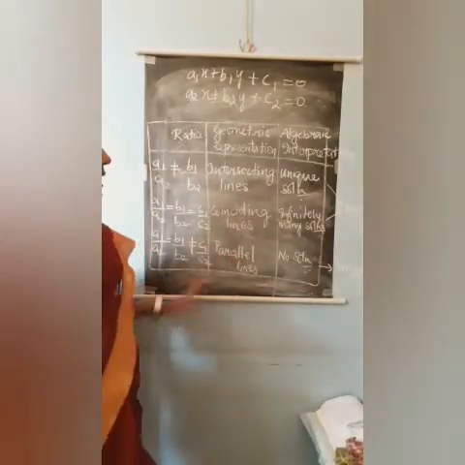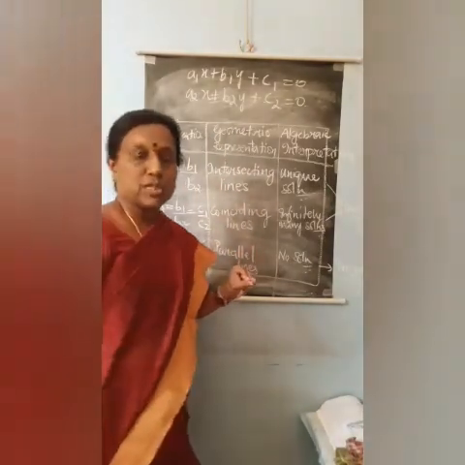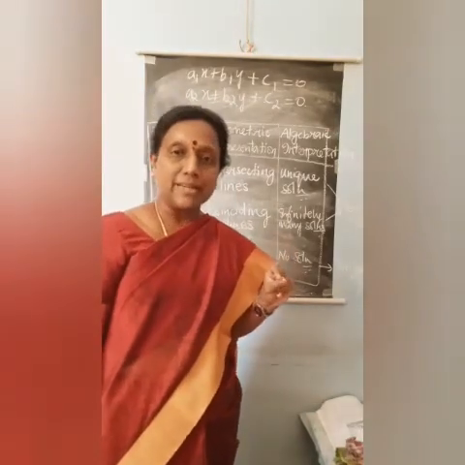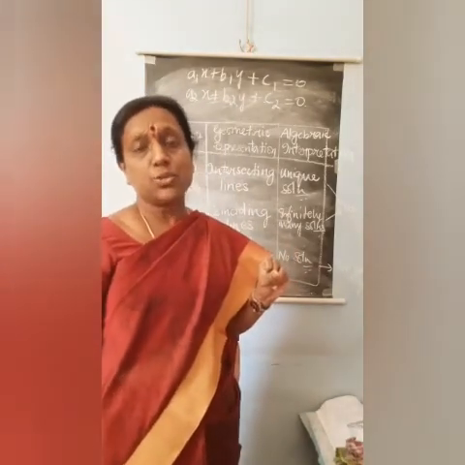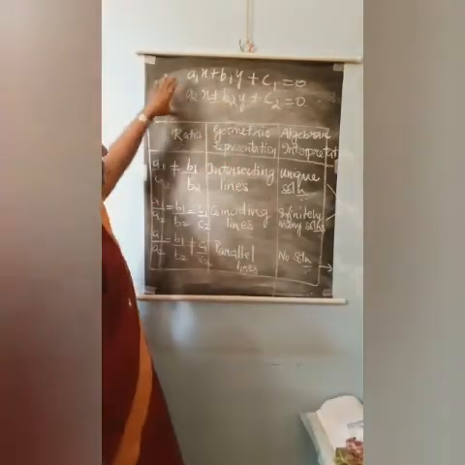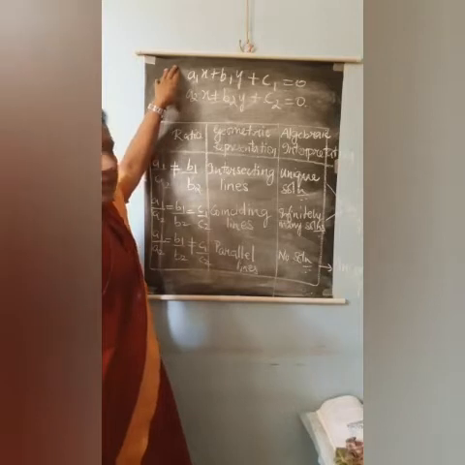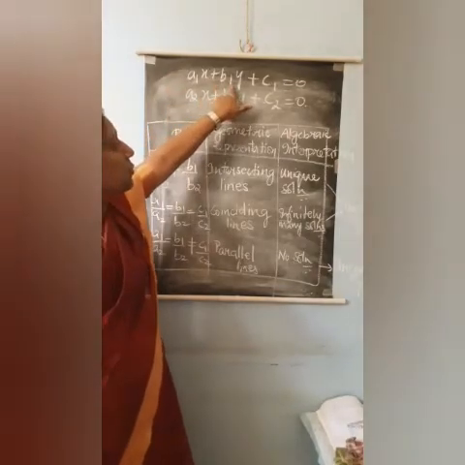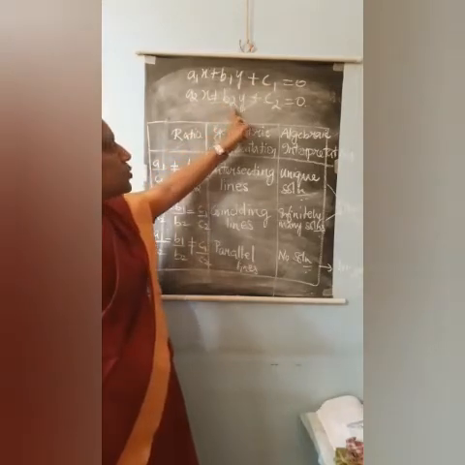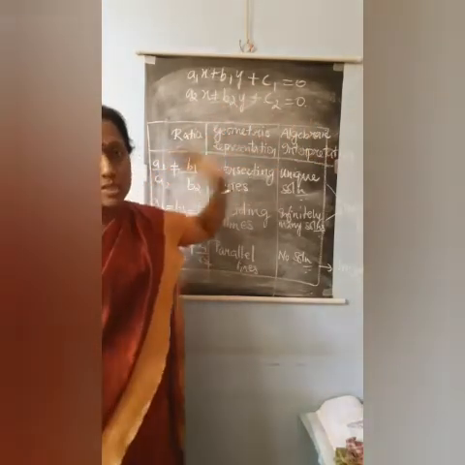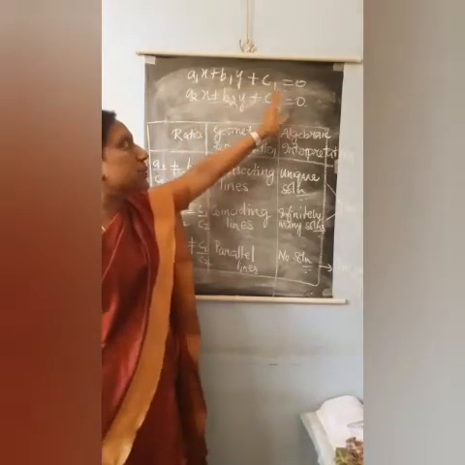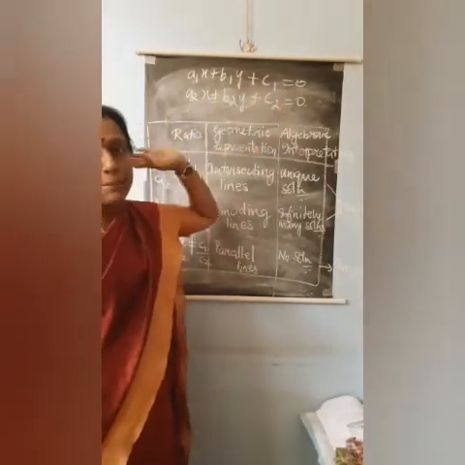So, shall we have a recap? If you notice, we are going through the chapter, a pair of linear equations in two variables. Now, the standard form of these equations are a1x plus b1y plus c1 equal to 0 and a2x plus b2y plus c2 equal to 0, where a1, a2, b1, b2 and c1, c2 are all real numbers.